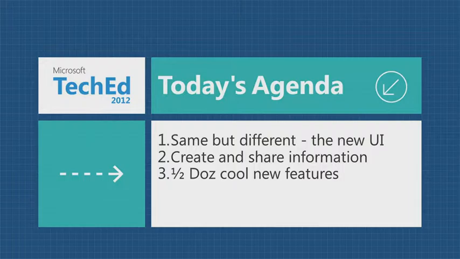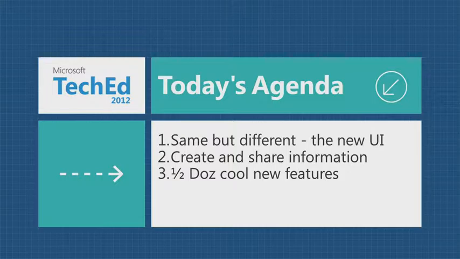Cool. So this is today's agenda that I'm going to kick through. I've got three topics I want to get through. First, the UI, and the reality is it's same but different. There are some things you'll be comfortable with if you're using 365 today, and some new stuff that makes life a bunch easier.